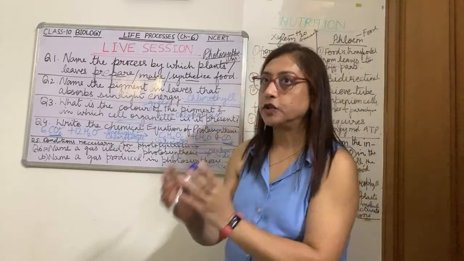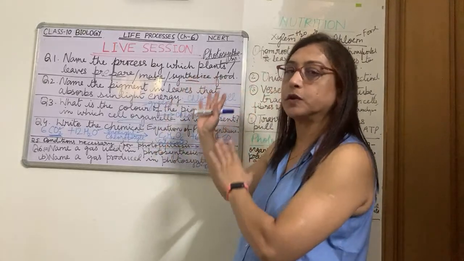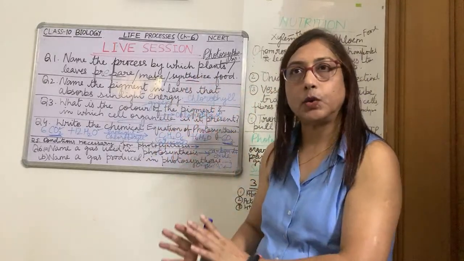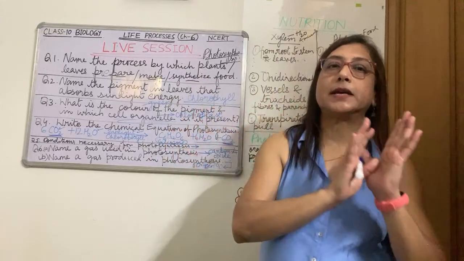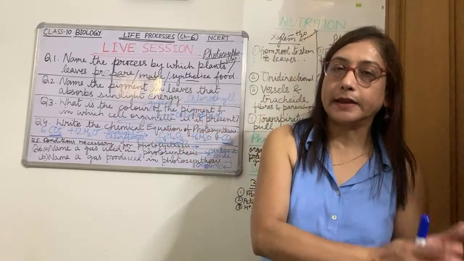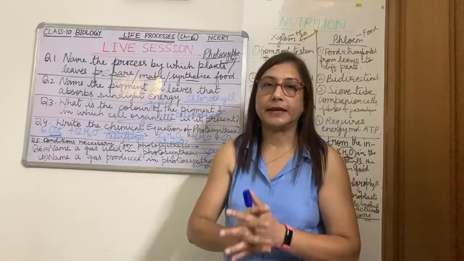Okay, the nitrogen fixing bacteria fix the atmospheric nitrogen, convert it into ammonia, and this ammonia is converted into nitrites and nitrates by the nitrifying bacteria.